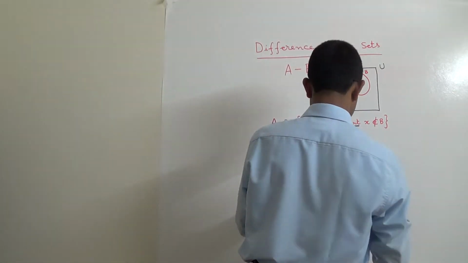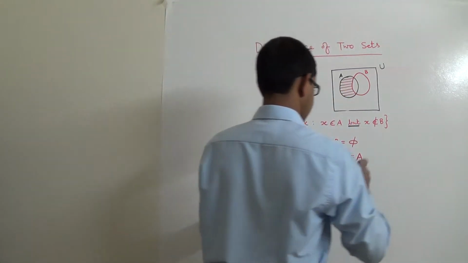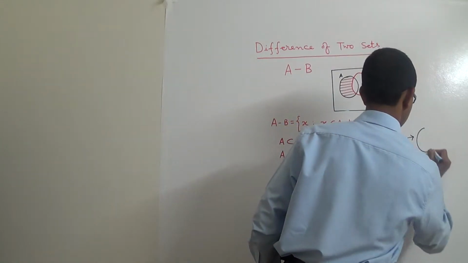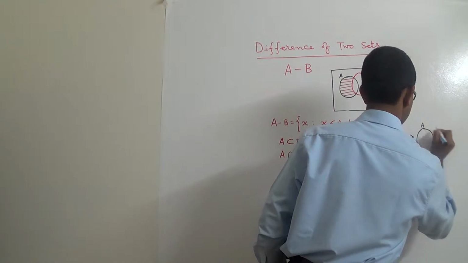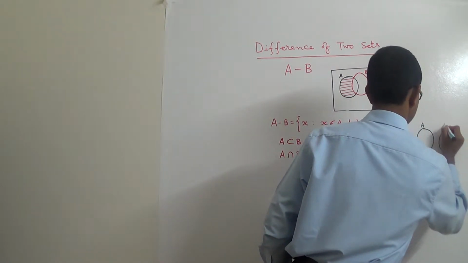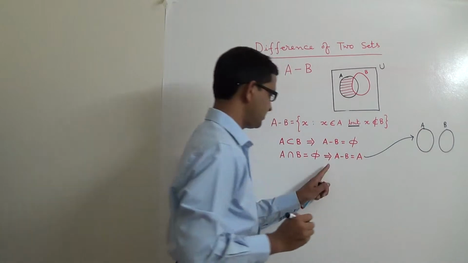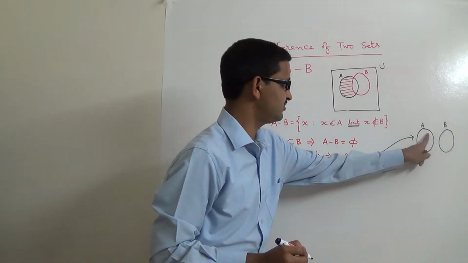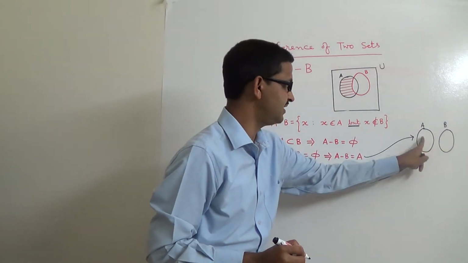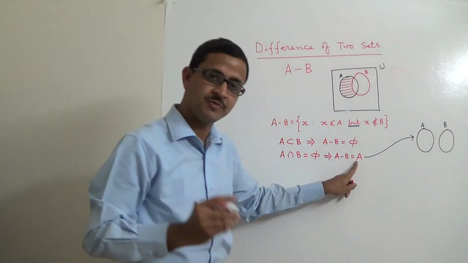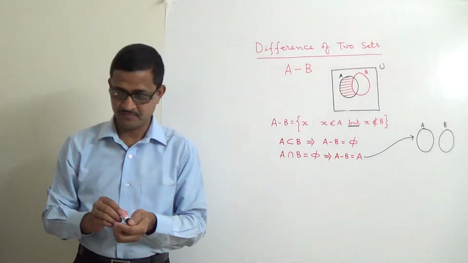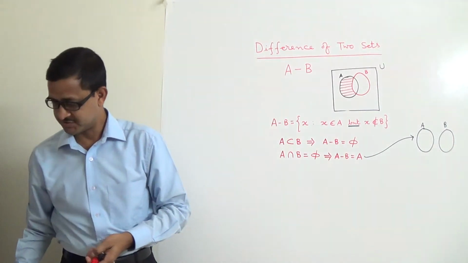It tells that I have two sets, A here and B here. They are disjoint sets because A intersection B is phi. So it is not possible to have any element of B in A, so A minus B equals A.